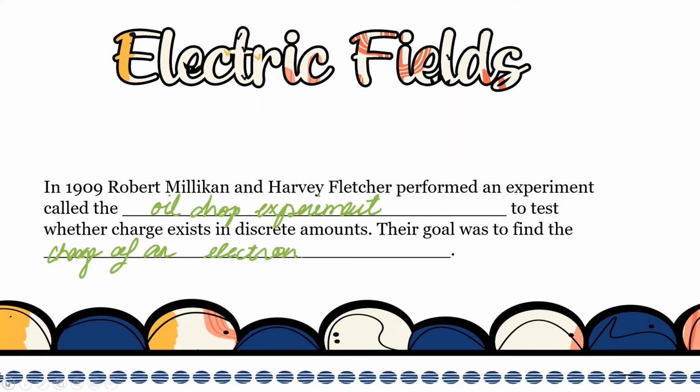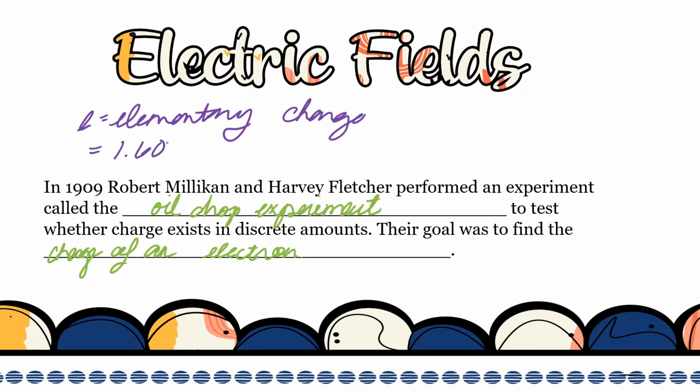Again, I just want to remind you guys that we already know, as a class, the charge of an electron. We said e is the elementary charge, and it's 1.60 times 10 to the negative 19 coulombs.